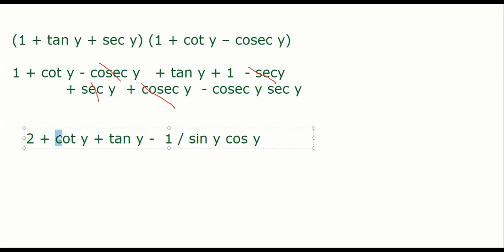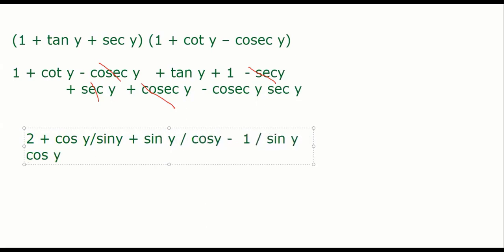Because I'm going to do something here also. Those can be changed: cot y is cos y by sine y, and tan y becomes sine y by cos y, right? Yes, sir. And now we can cross multiply; obviously, we'll take LCM and multiply.